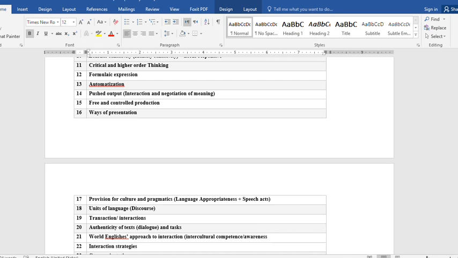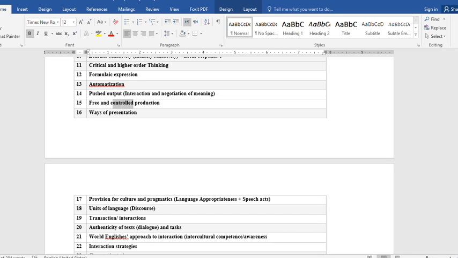But first, we may have controlled production. Controlled production means that we say part of the sentence and the students complete the sentence, or we first pronounce the item and then they repeat after us. Then we come to free production.